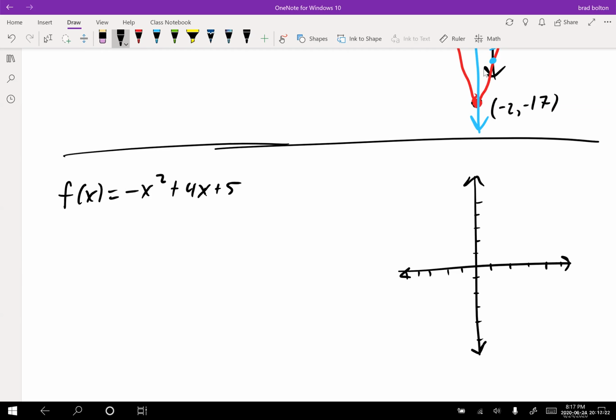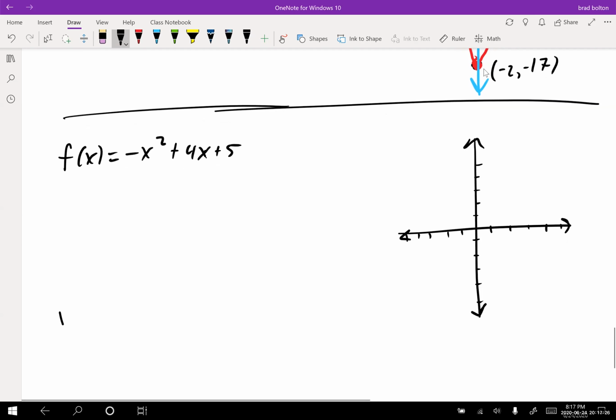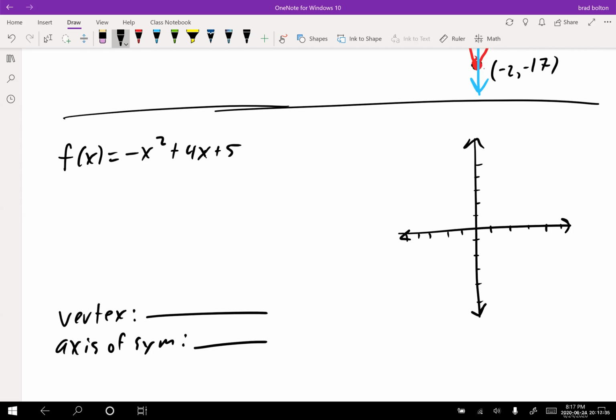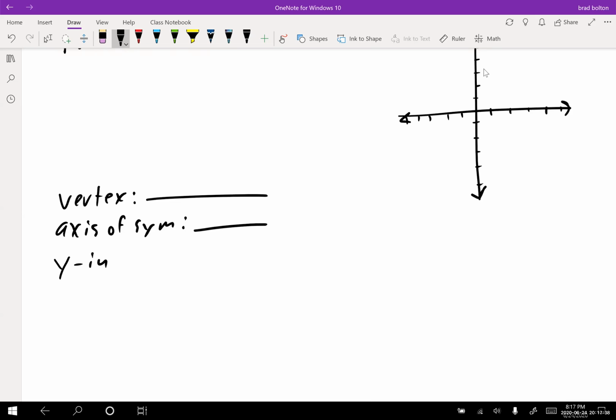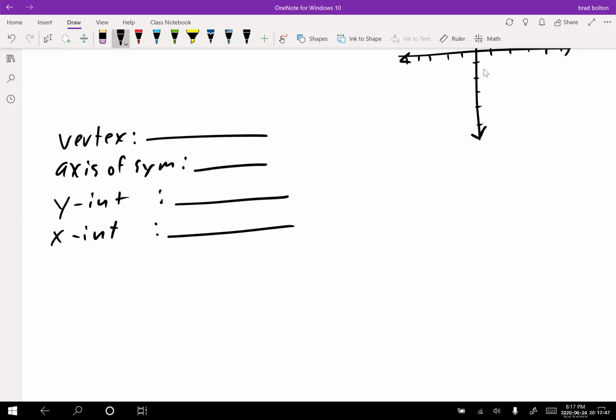And remember, I'm not going to use completing the square this time, but what I want is the vertex. I want the axis of symmetry. I want the y-intercept. I want the x-intercepts, if there are any, or an approximation if we can't find it by factoring. What's one other thing I wanted? Domain. I want the range.